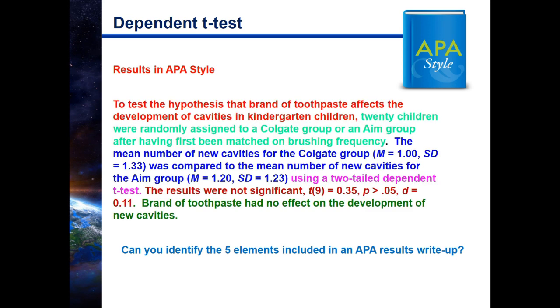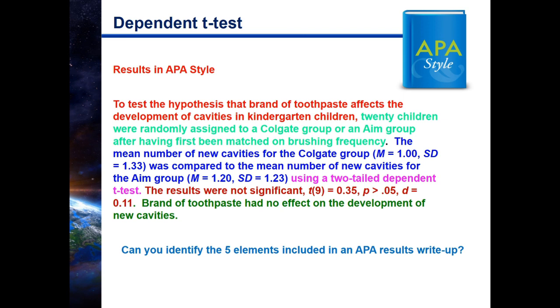So I have color-coded the results according to the 5 elements. And I have also included in here some procedural details that are necessary in order for the reader to understand why a dependent t-test was run on the data, even though I didn't have the same set of people in each group.